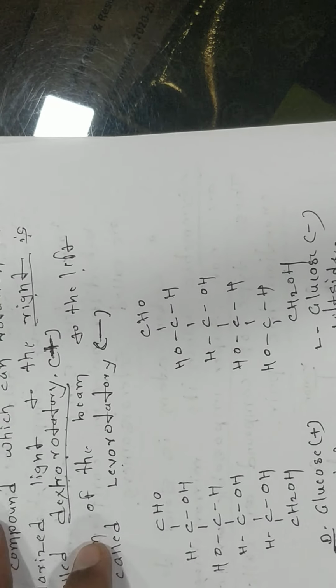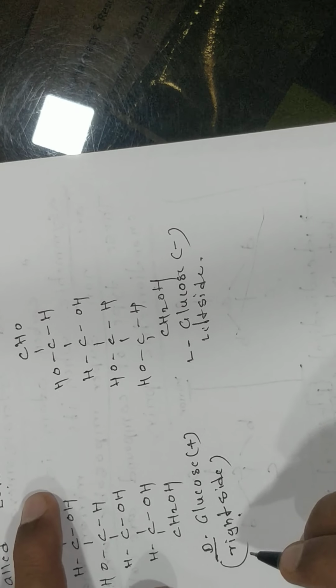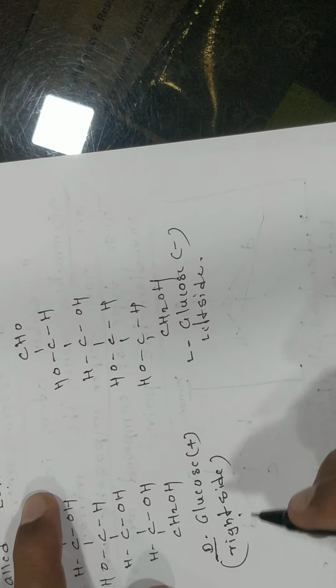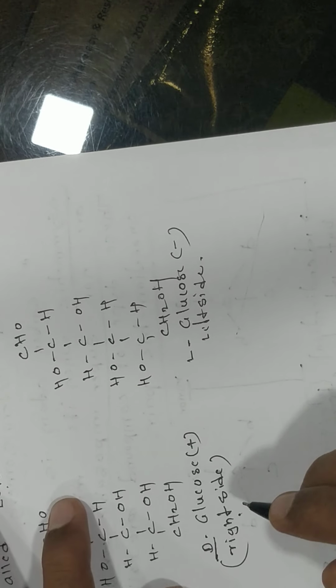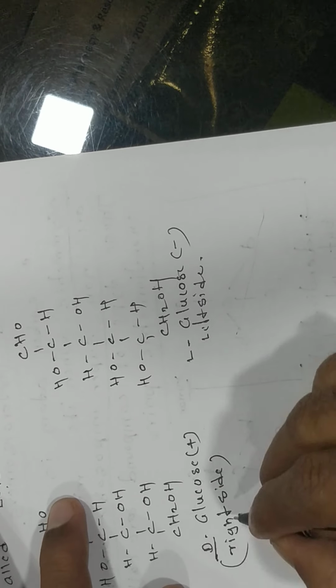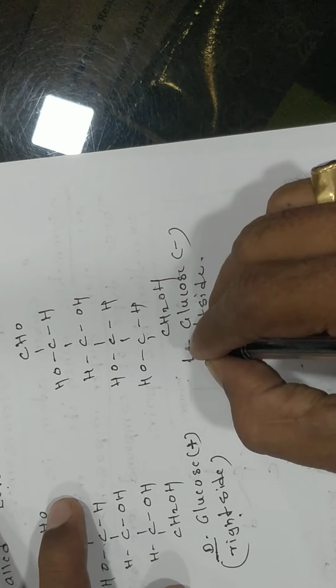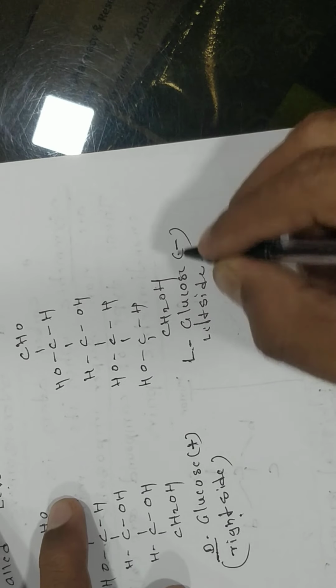Okay, then the next point, now we will discuss the next point. D indicates dextrorotatory, which shows positive, L shows the left side, which shows negative.